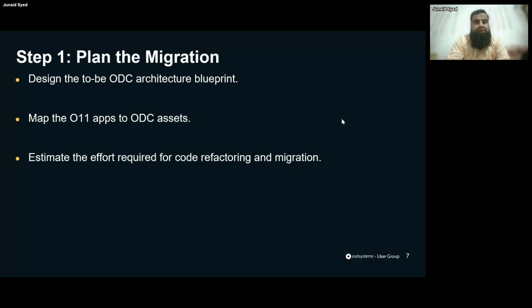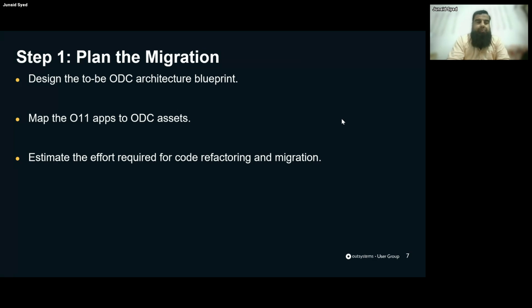Yeah, there is a recommended process by OutSystems. So the planning process also includes the creation of the architecture blueprint, like, okay, these are my applications, these are my domains in OutSystems O11, these are my modules and e-spaces and so on, and now I want to map them to ODC assets, which are mainly applications and libraries. So that blueprint has to be there, that mapping has to be there between the O11 and ODC assets.